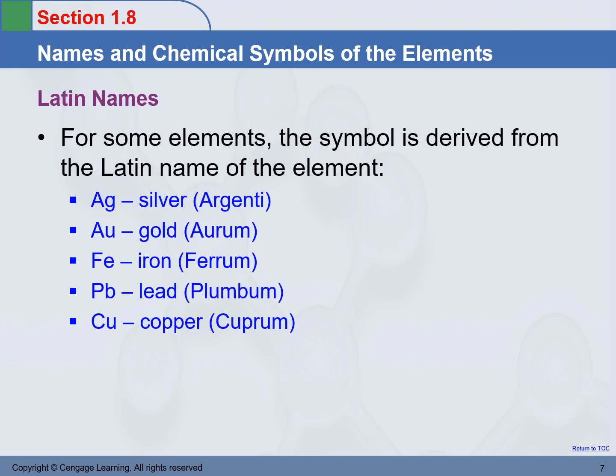The elemental symbols for silver and lead are derived from their Latin names, and there are many other elements like this. Here I have a few examples: silver, gold, iron, lead, copper.